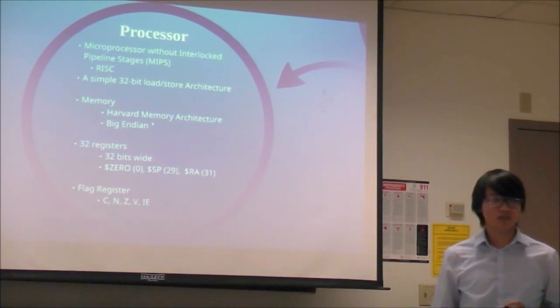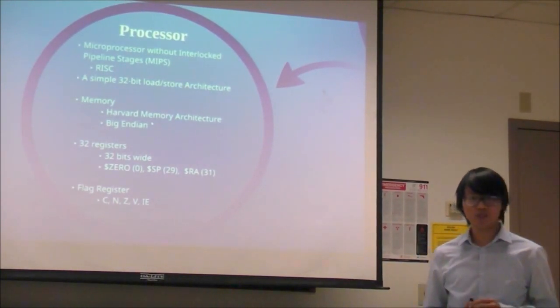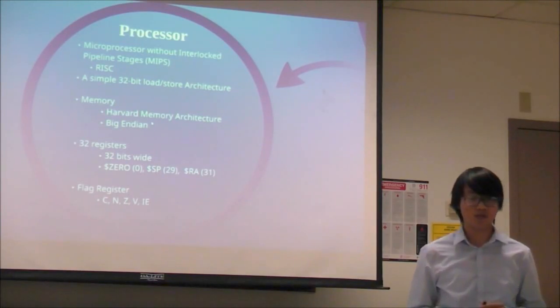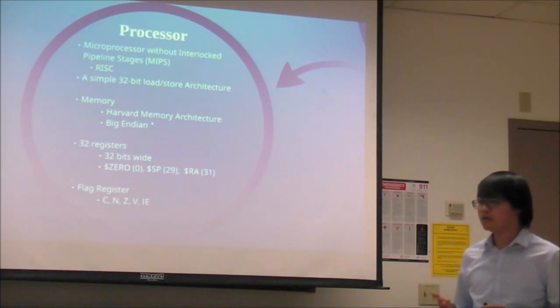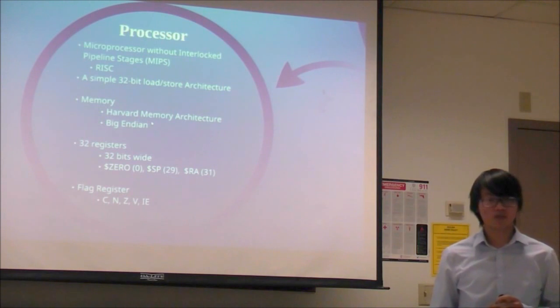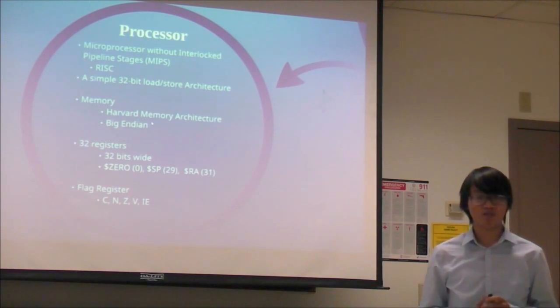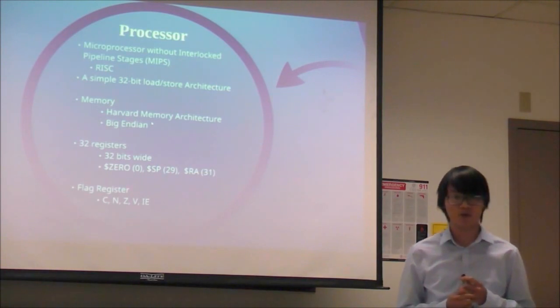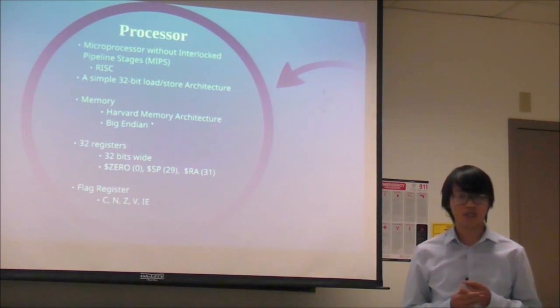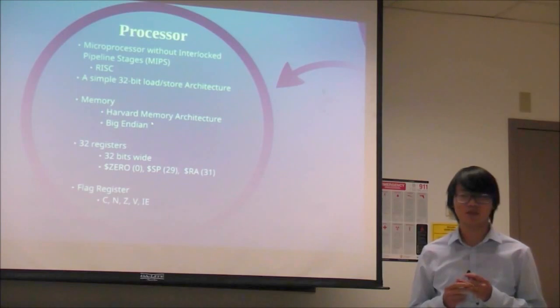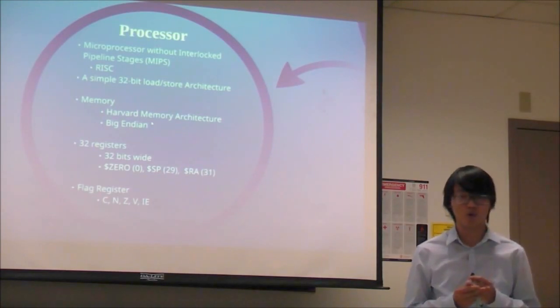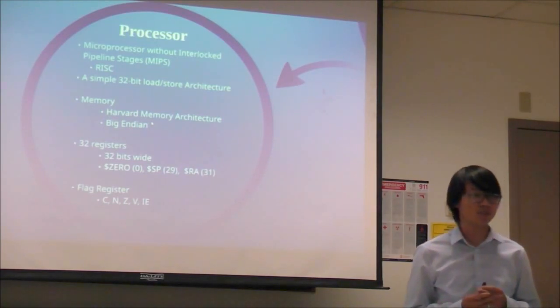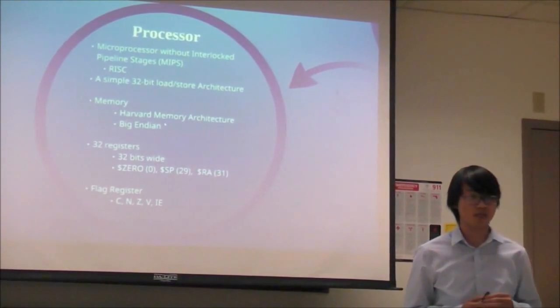Our processor has 32 registers. Each register is 32 bits wide, and there are three registers that have specific functions: register 0, which always has a constant value of 0, register 29, which is the stack pointer, and register 31, which is our return address used for jump and link.